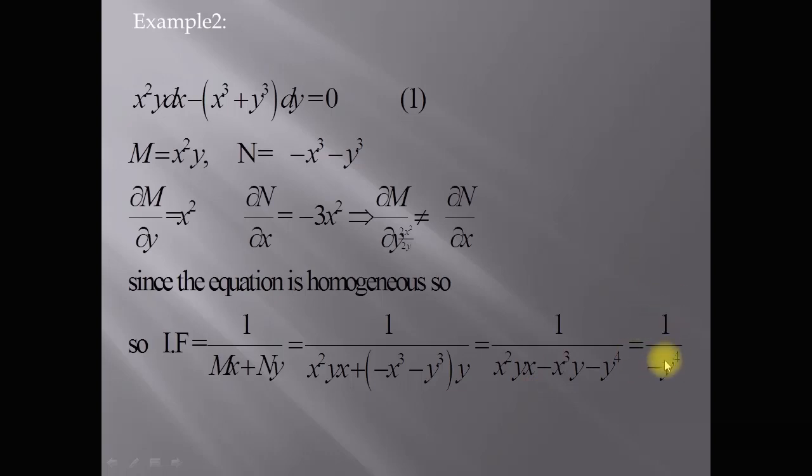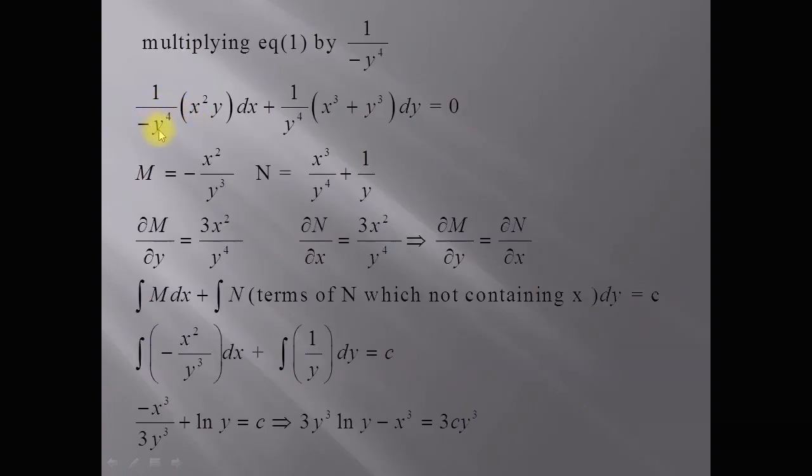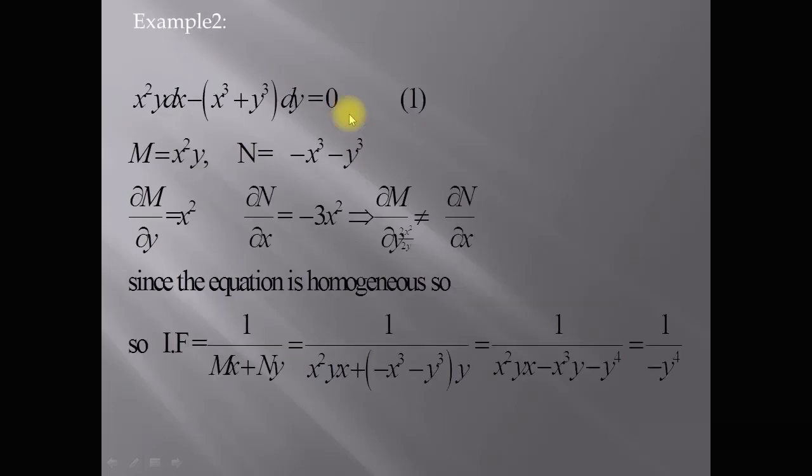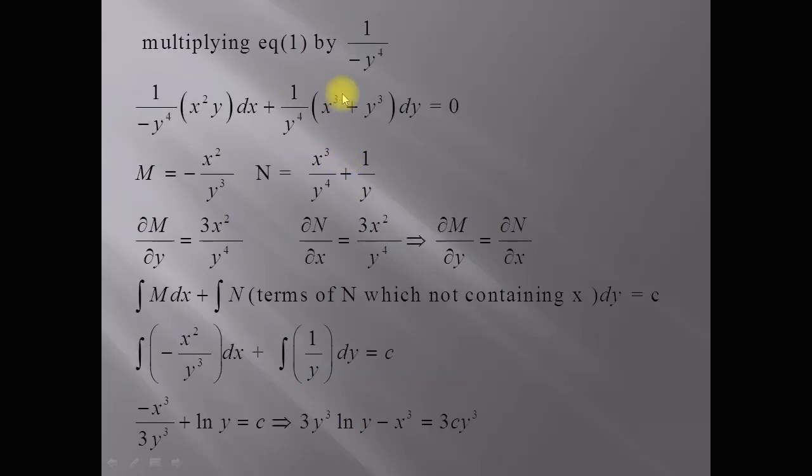Now multiplying this integral factor to equation number 1, we obtain 1 over minus y^4 into x squared y dx plus 1 over y^4 into x cube plus y cube into dy is equal to 0. Dear students, since the N function in the previous slide is minus x cube minus y cube and the integral factor is minus 1 over y^4, minus minus gives plus 1 over y^4 into the N function, x cube plus y cube, into dy is equal to 0.